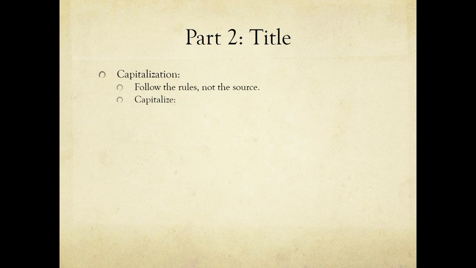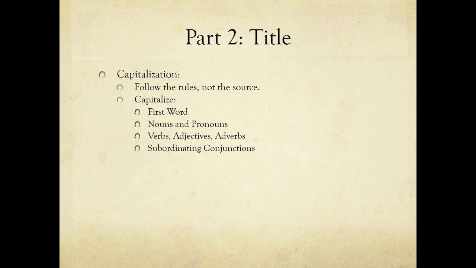You want to capitalize the first word, all nouns, all pronouns, all verbs, all adjectives and adverbs. And you also want to capitalize subordinating conjunctions, which are going to be conjunctions that help describe additional information. You don't want to capitalize articles like a, an, or the. You don't want to capitalize prepositions like in, of, against, between, on, or to.